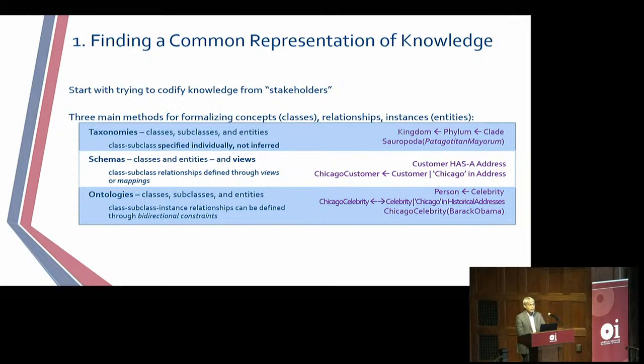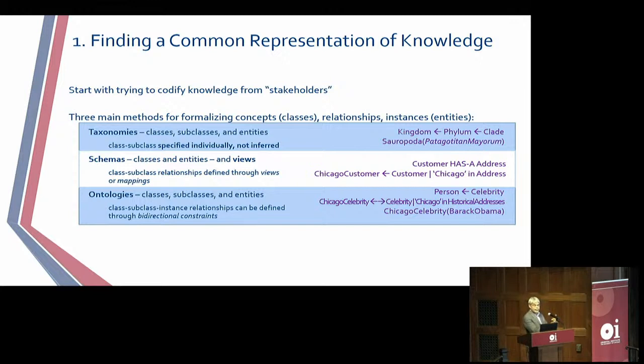Okay? Then a full formal ontology with description logic has an even more powerful thing, which is bidirectional constraints. Here we can say things like a celebrity is an instance of a person, and a Chicago celebrity is a celebrity who has Chicago in some historical address.